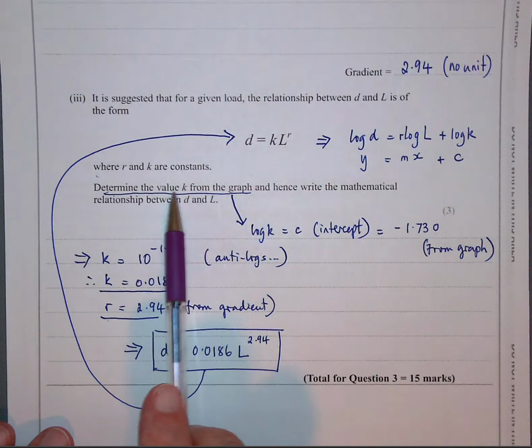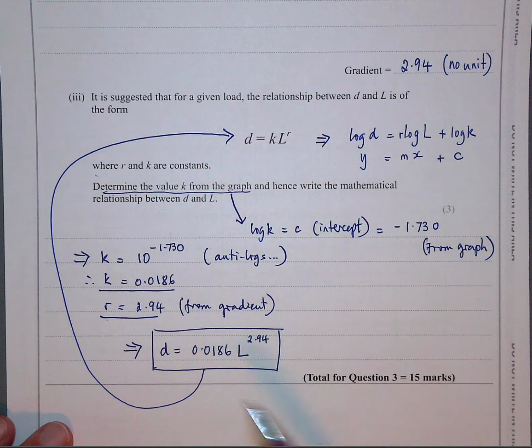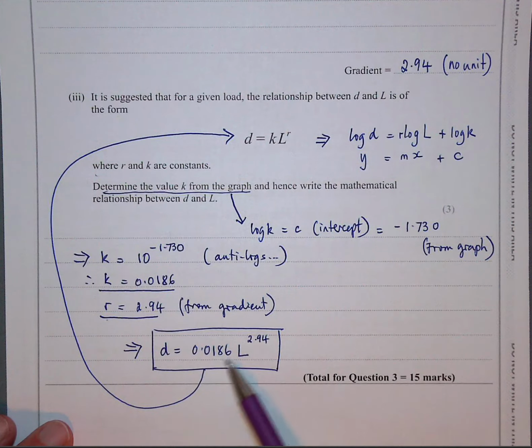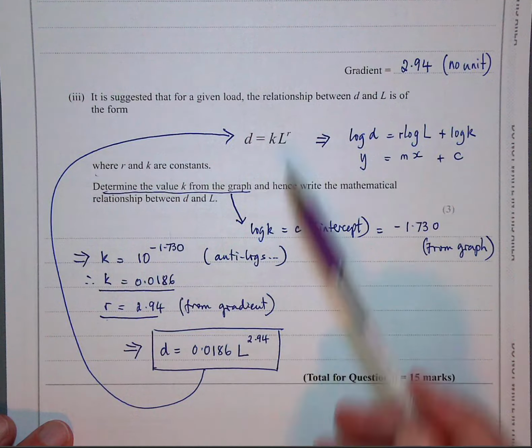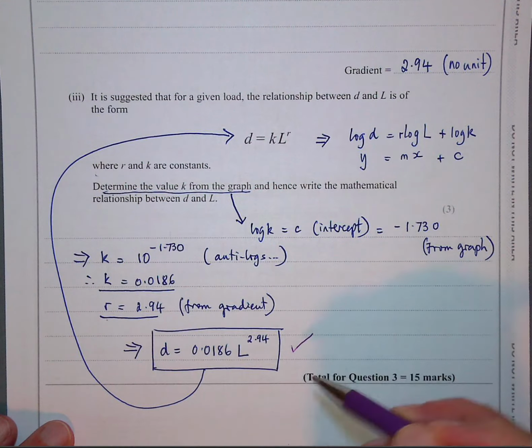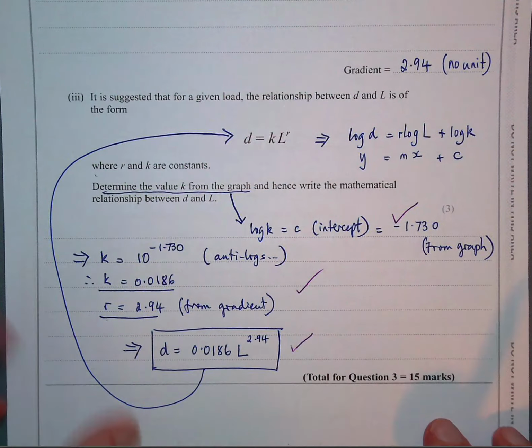So they want you to determine the value k from the graph. That's really easy if you use the intercept method, and then it means that d equals k, which is 0.0186, times L to the power of 2.94. Okay, so this is what they want you to do. One mark for that, one for this, and one for the in-between bit. Okay, that gets you your 15 marks.